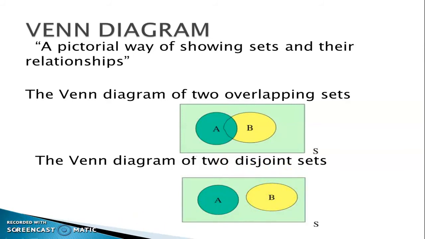Venn diagrams were introduced in 1880 by John Venn. They are used to teach elementary set theory as well as illustrate simple set relationships in probability, logic, statistics, linguistics, and computer science.